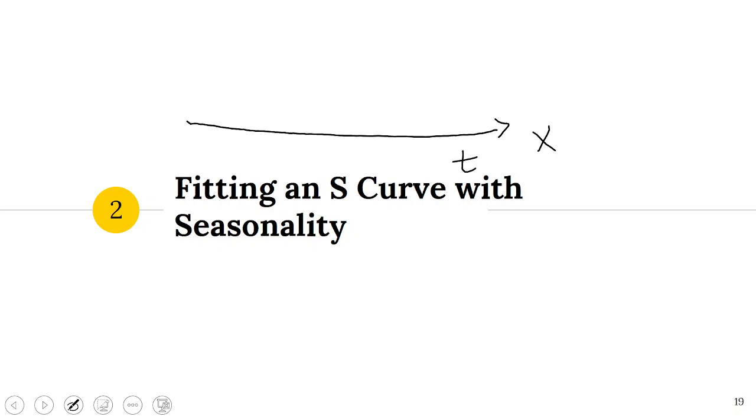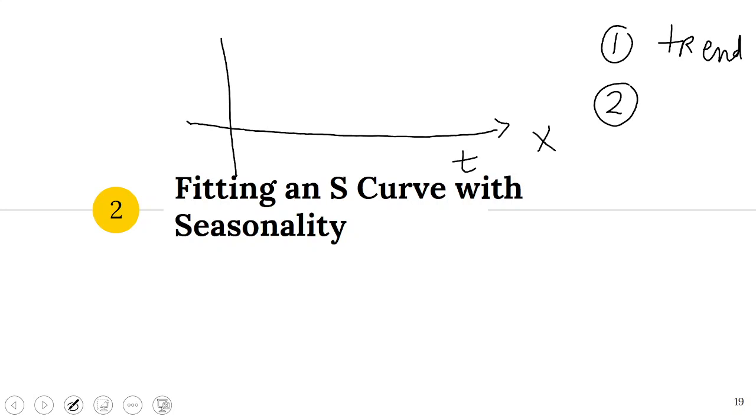So when we have data that has time on the x-axis, we expect the following two very important behaviors. First behavior I'm going to talk about is a trend. What is a trend? A trend is usually a linear line.